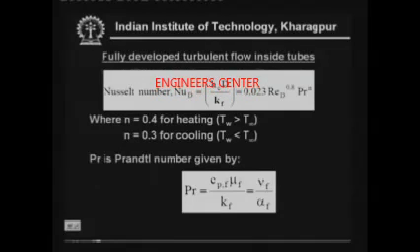So Prandtl number is basically nu by alpha. In this Dittus-Boelter equation there is another parameter n, and this n will take the value of 0.4 for heating. That means when the fluid is getting heated, you have to use a value of 0.4 for n, and if the fluid is getting cooled, then you must use a value of 0.3.